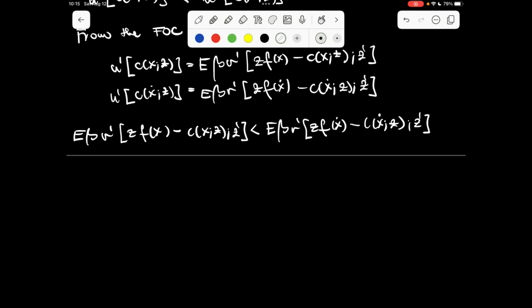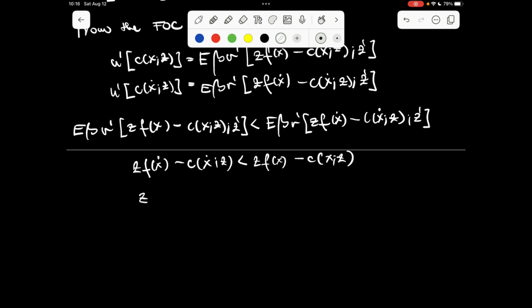From this fact, it follows that we have this relation. So we have this relation, and with some manipulation, we receive this relation, which is positive because f is strictly increasing in x.